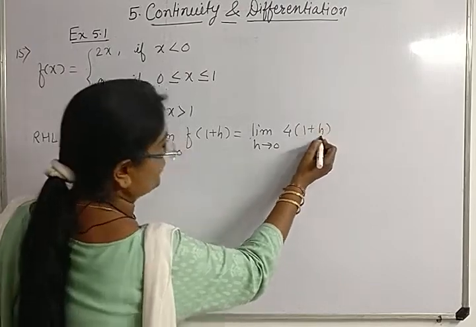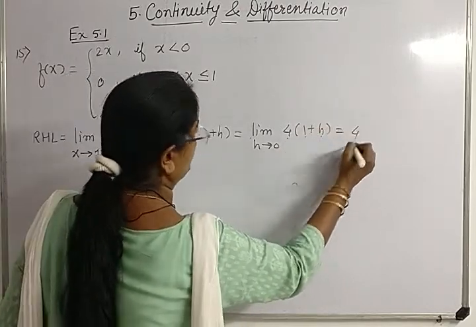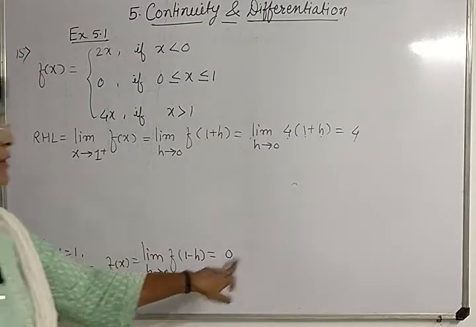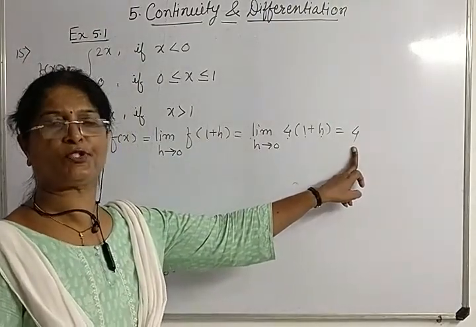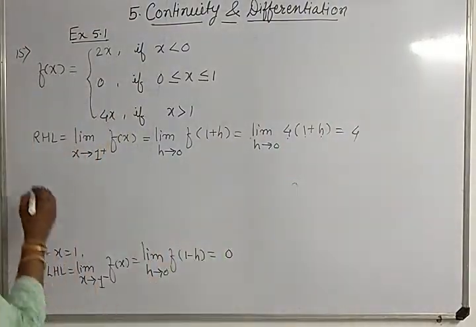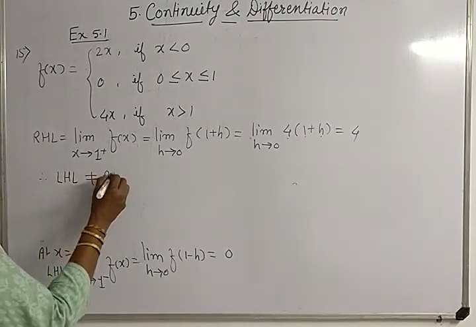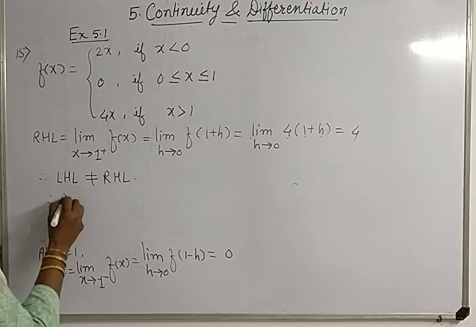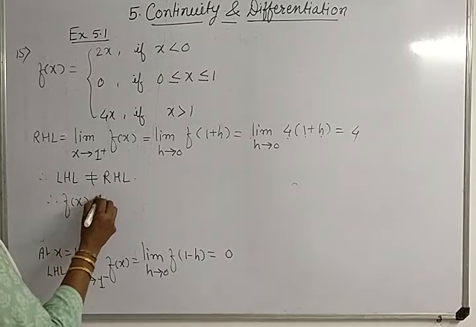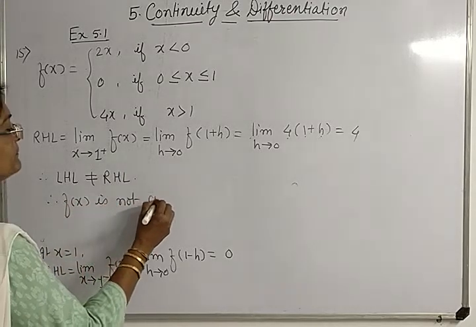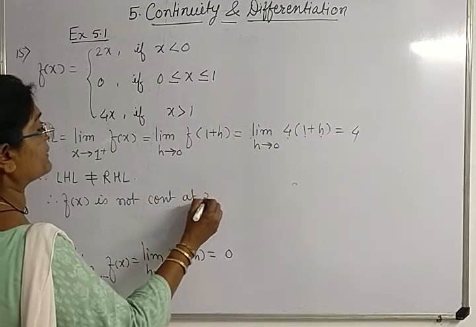The value of h is 0, so 1 into 4 is 4. Now these two values are not equal, therefore it is not continuous. Therefore left hand limit is not equal to right hand limit, and therefore f of x is not continuous at x equal to 1.